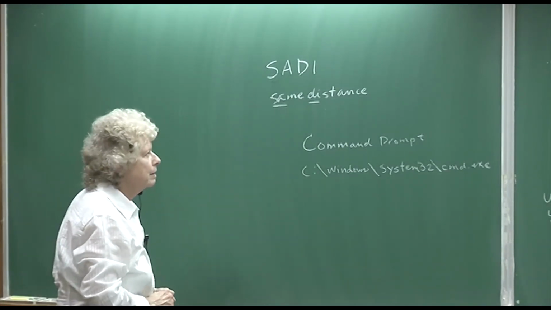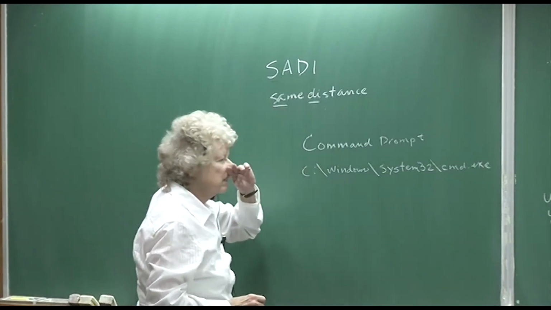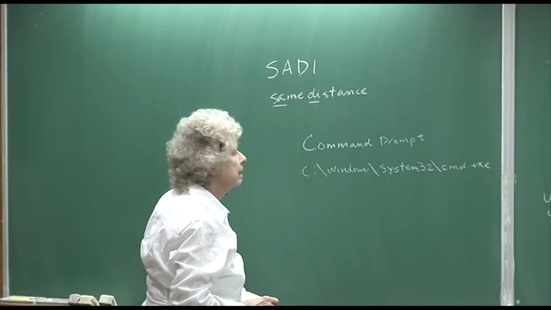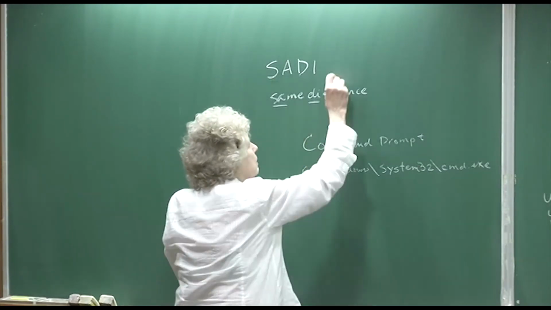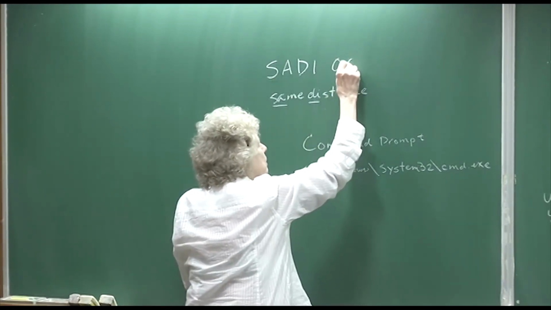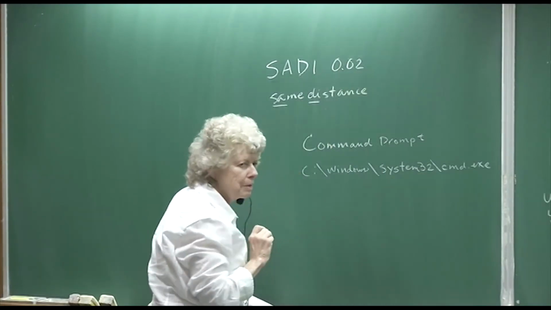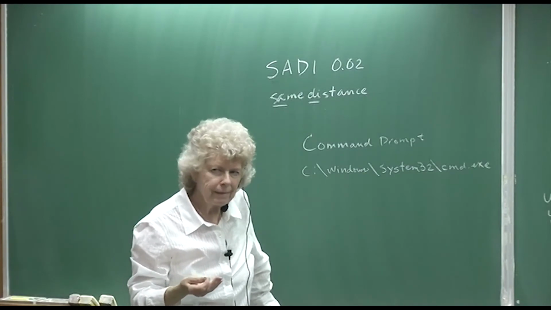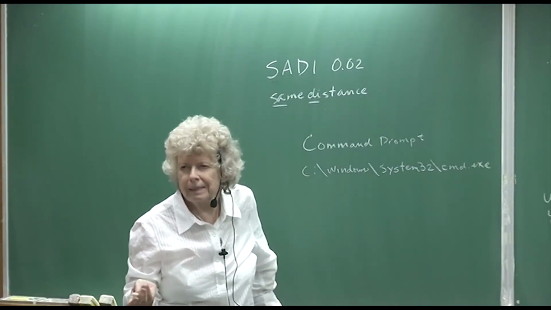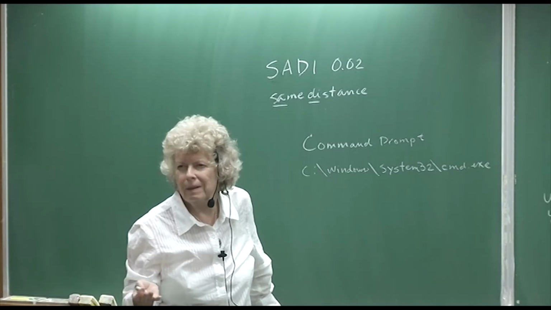Yeah, again, the first term is going to be standard deviation in the case of SADI. So you might say, okay, I want these to be equal to within 0.02 angstroms. And then you could put in, let's say you have a disordered dichloromethane, just for example.